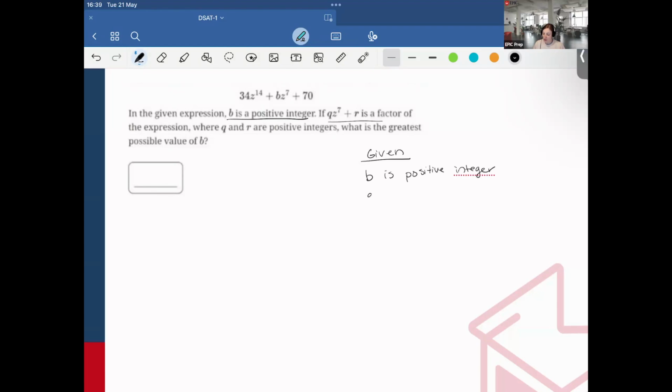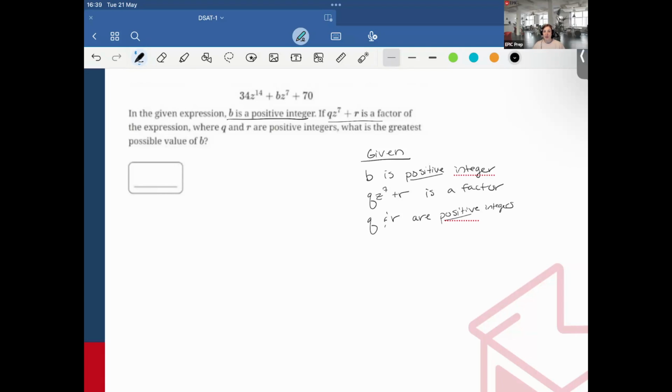QZ to the seventh plus R is a factor. And also Q and R are positive integers. So b is a positive integer, and Q and R are also positive integers.